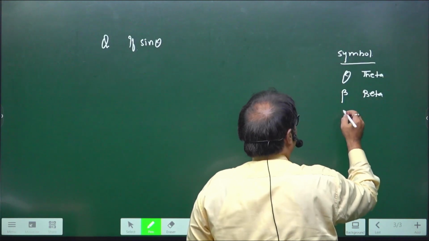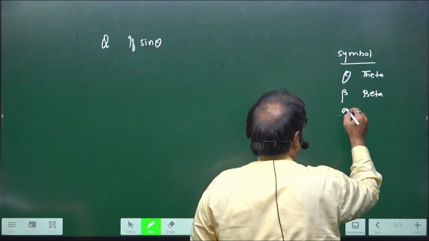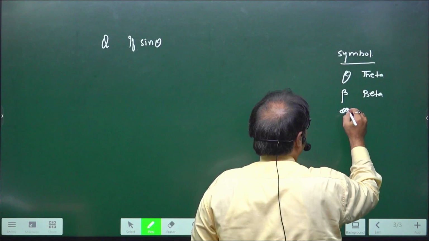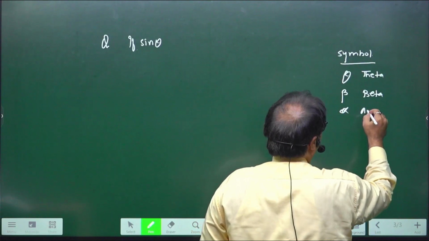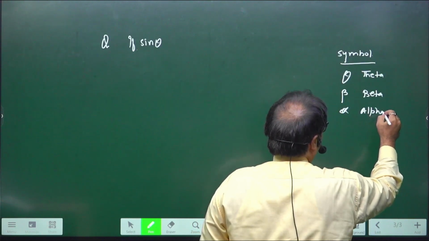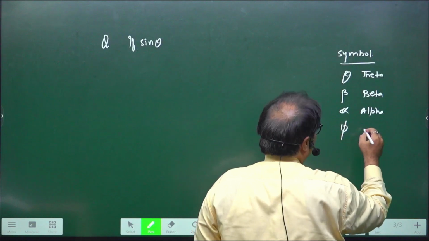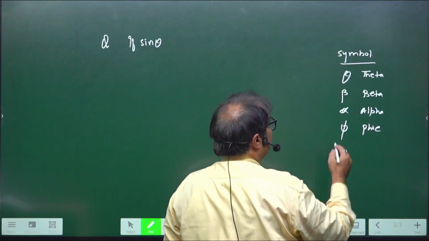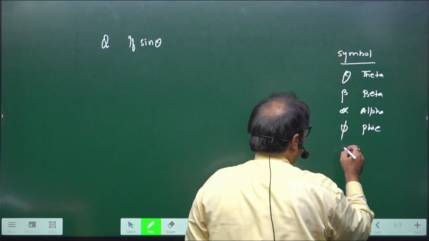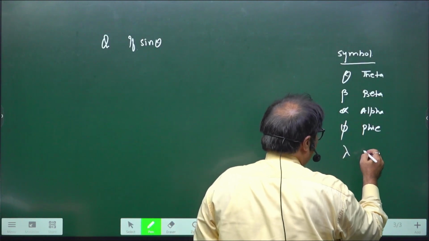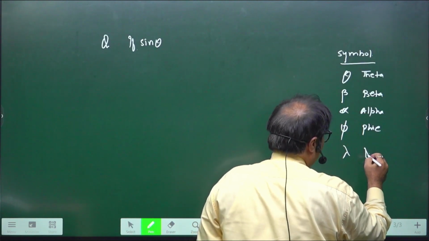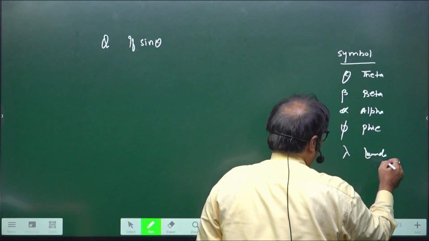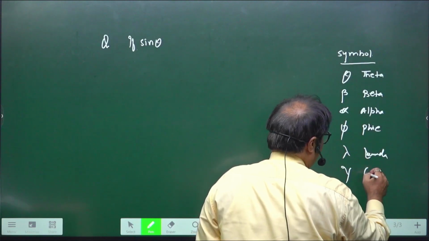Then this is alpha. This symbol is phi. So theta, beta, alpha, phi, and this is lambda. And this is gamma.